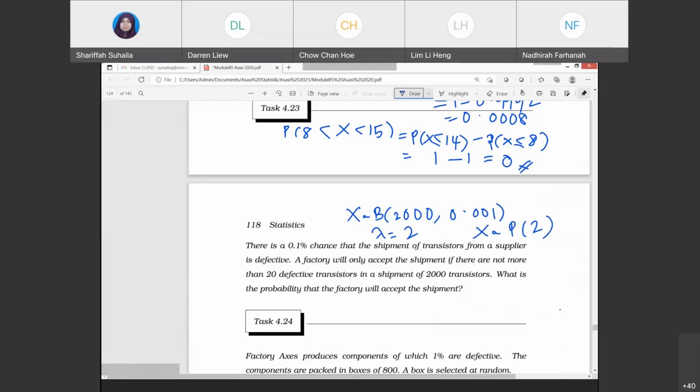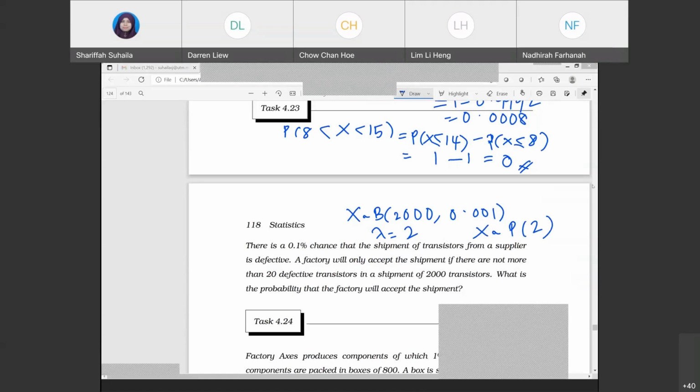The probability? A factory will only accept the shipment if they are not more than 20. Not more than 20 tu kita nak tulis macam mana? Tidak lebih daripada 20. Tidak lebih, tidak kurang. So you will write less than or equals to 20. Okay, not more than 20. So again, X less than or equals to 20.